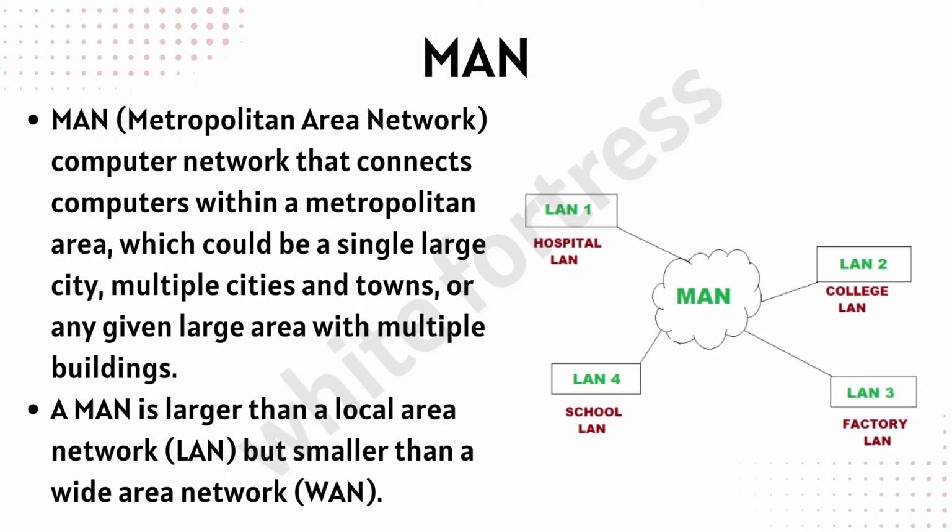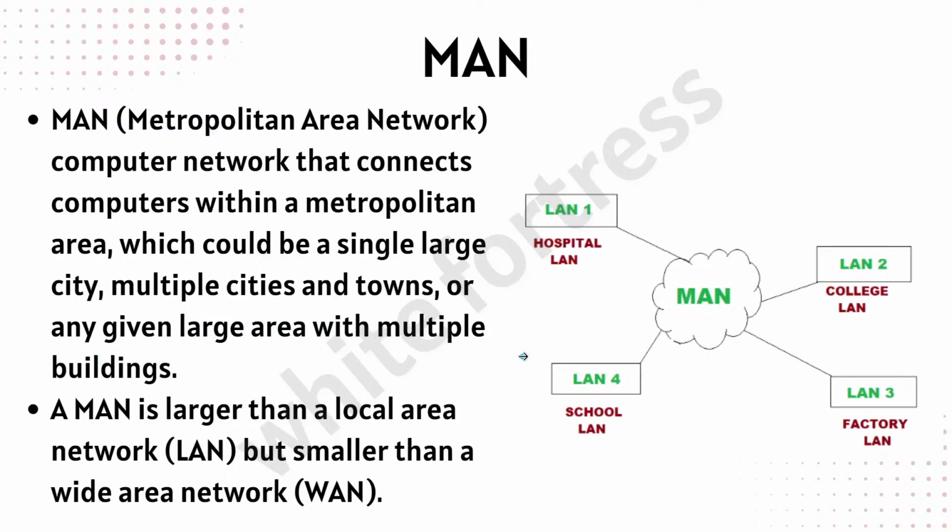That's it. So a MAN is a computer network that connects computers within a metropolitan area, means a larger area, like cities, multiple cities, towns, or even a given large area with multiple buildings.